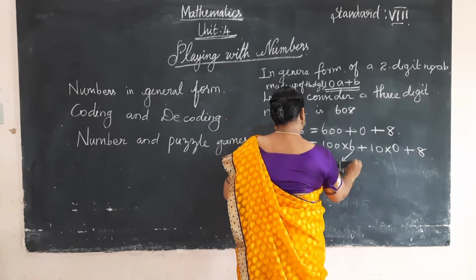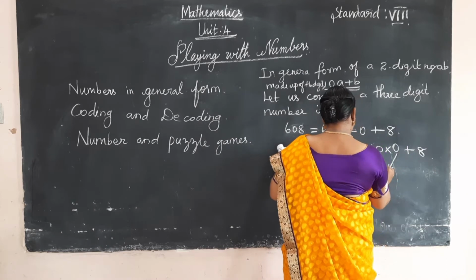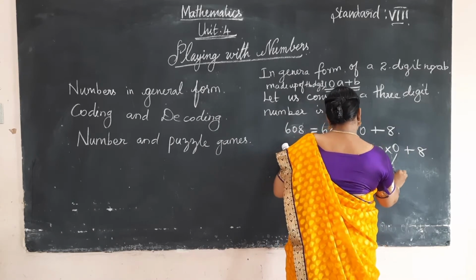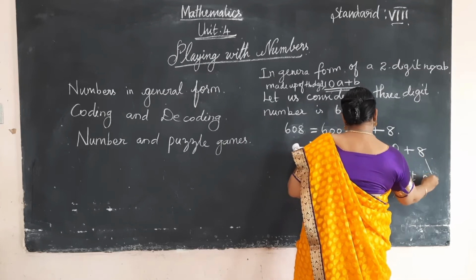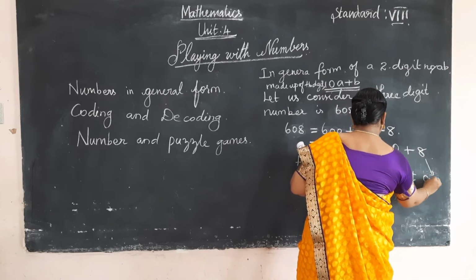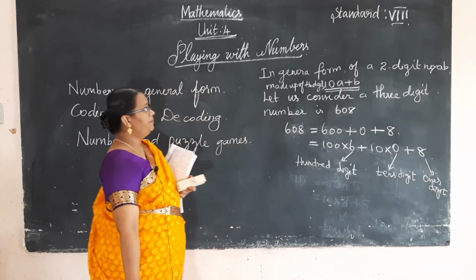This is a tens digit. And this is ones digit. Okay, very clear?